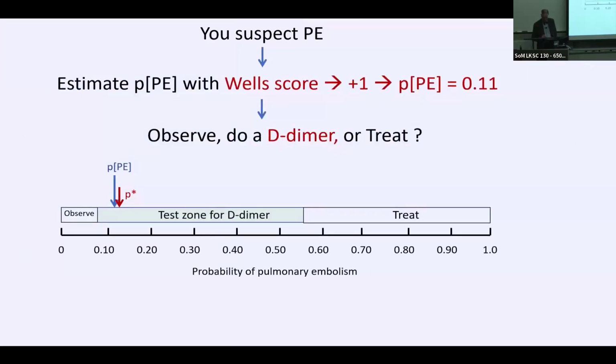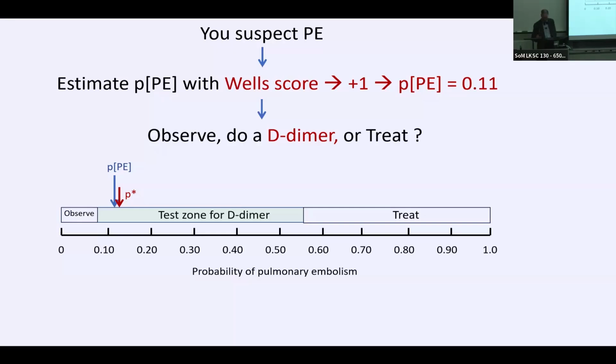So there's our model, come back again, but now with some numbers that have some reality. The test zone for D-dimer is represented in light green. Your pretest probability, which is 11%, is just below the treatment threshold of 12%, which is represented in red.